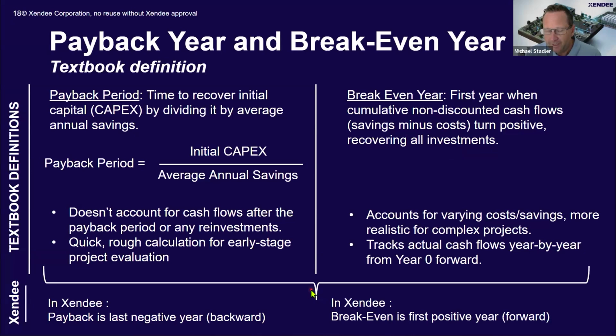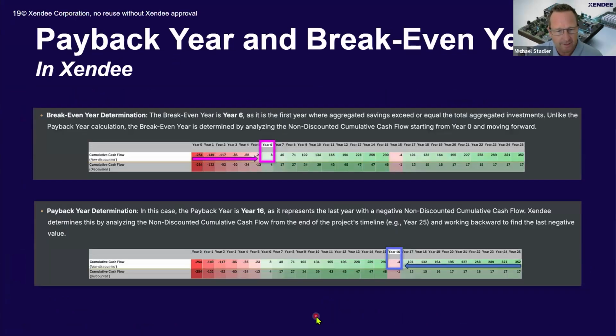And I don't go deeper into this, but we had discussions around this: why is break-even not payback, and how do you calculate it? I just want to point it out. Most of the time you will see in Xendee, it's very similar, but it can be very different depending on how the annual cash flow is. And I have a last slide here to show you this.